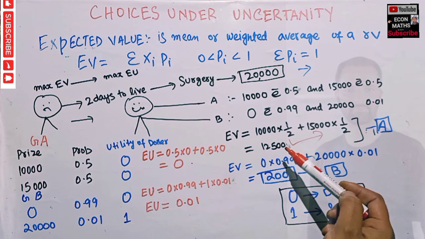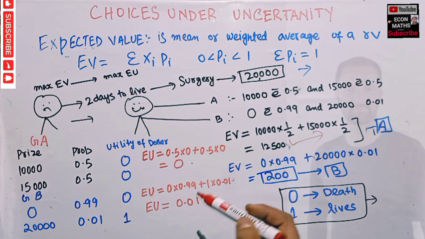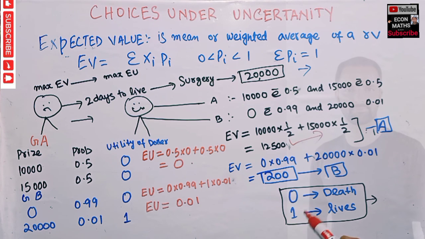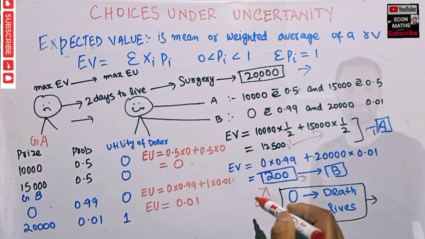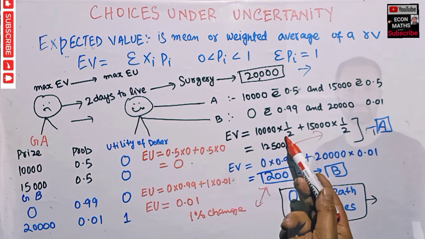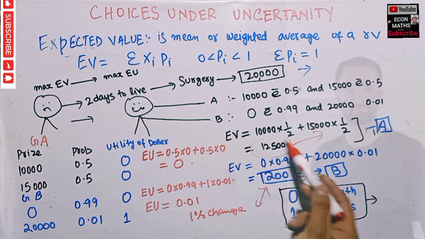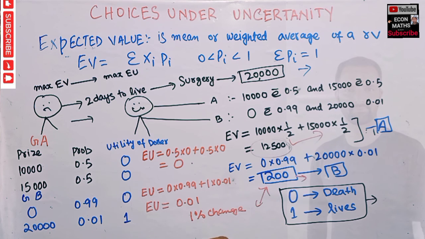In this case, the patient will die in an hour. If he chooses gamble B, though the expected monetary value of gamble B is only 200, he has at least a 1% chance to live. Hence the money received in gamble A is worthless because he will die eventually, but in this case there is at least a 1% chance that he will live.